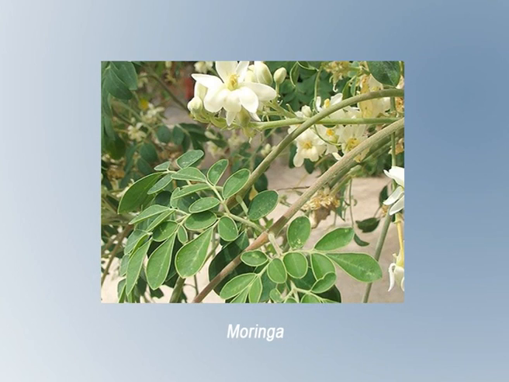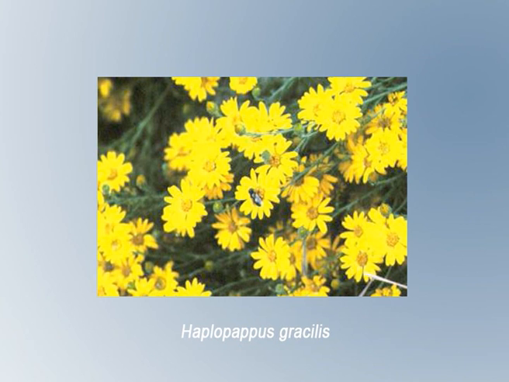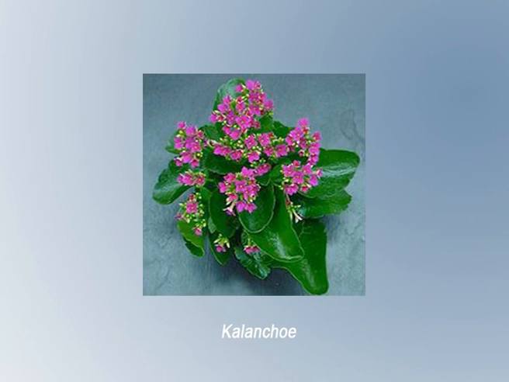But there are exceptions also. For example, in Moringa, the haploid chromosome number may be n = 11 and 14. Chromosome numbers recorded for spermatophytes vary from 2n = 4 in Haplopappus gracilis of Asteraceae to 2n = 500 in Kalanchoe species of Crassulaceae.